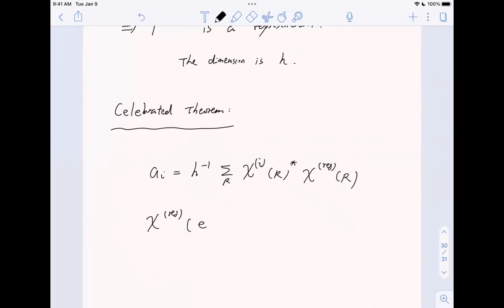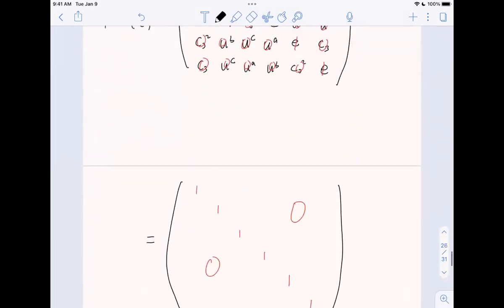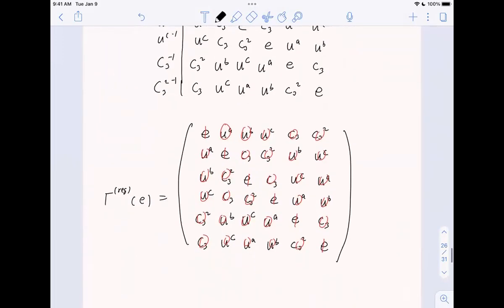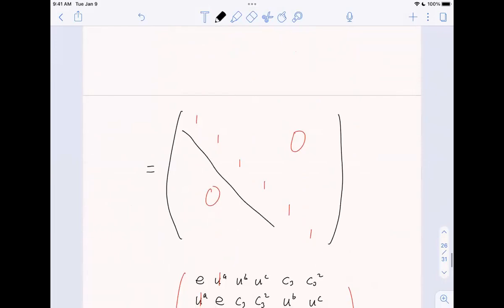If you take the E, you'll find that it will be H. You look at our definition, you immediately know. This is E. When it is E, what does the matrix look like? The matrix looks like this. So the character is just H.